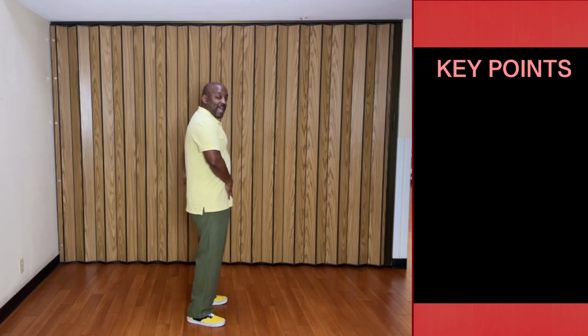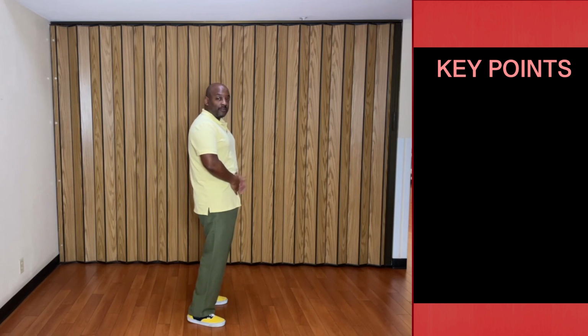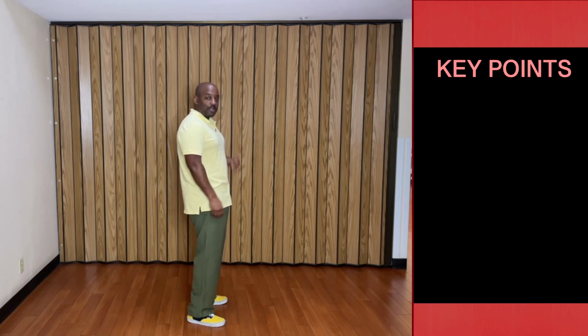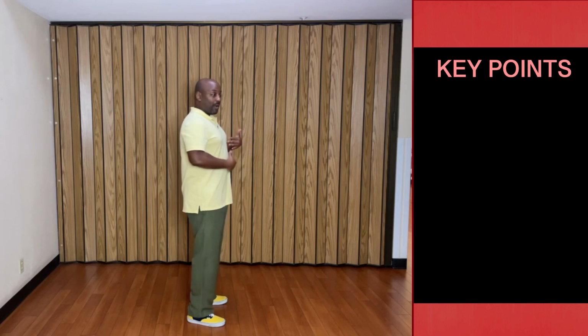So you've got an exaggerated posterior pelvic tilt from the lower abs, and you have just removed the forward energy from the upper abs in order to keep your posture vertical, meaning you don't fall over, even though I'm not standing straight.